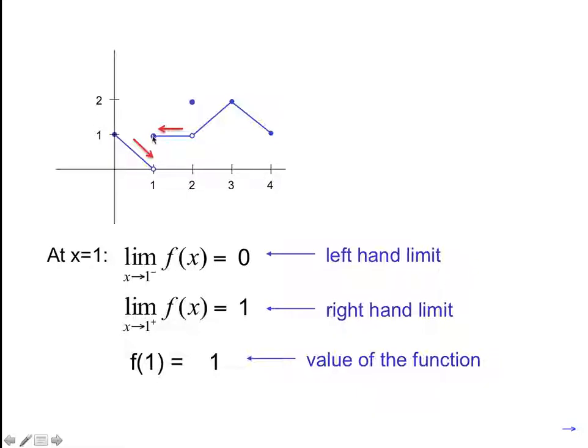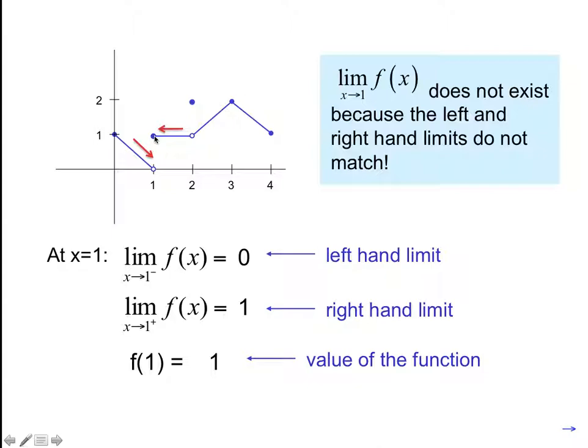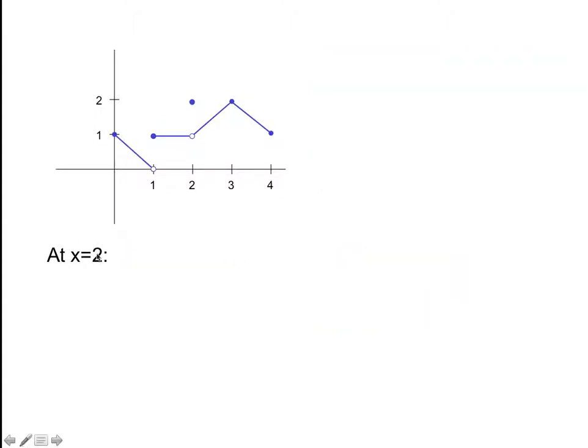Because this is where the dot is colored in. So the limit does not exist. Okay, we have what we call a jump here in the piecewise function, and we'll get to why it's called a jump in the coming days. But since the left-hand and the right-hand limit are different values, we don't have a limit.